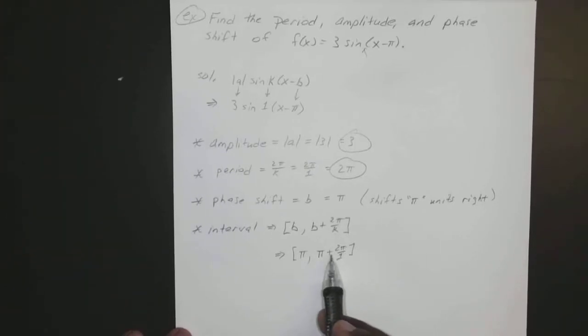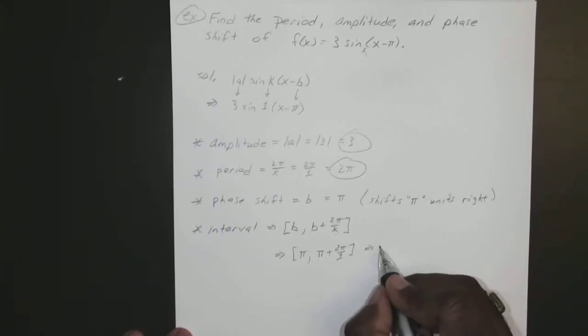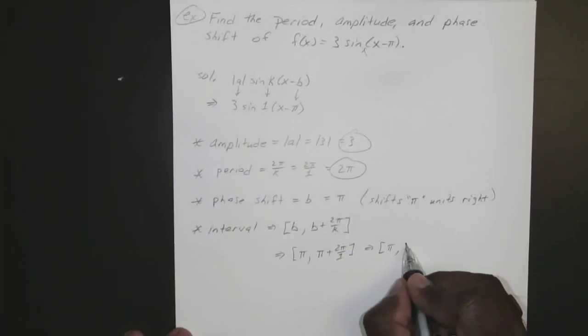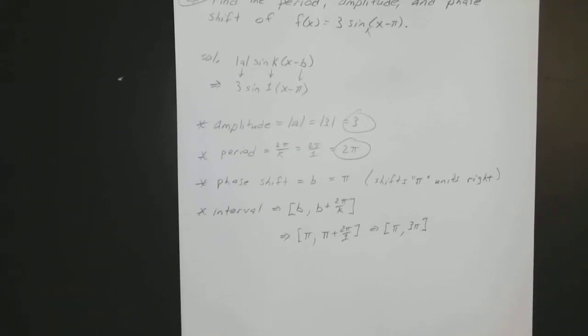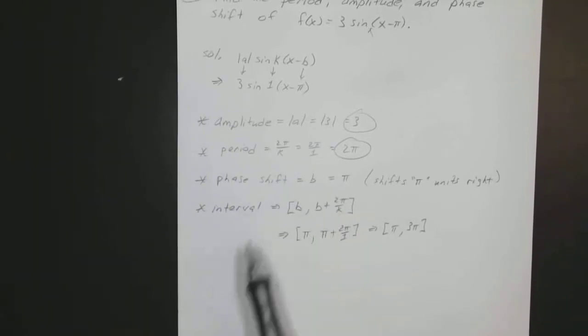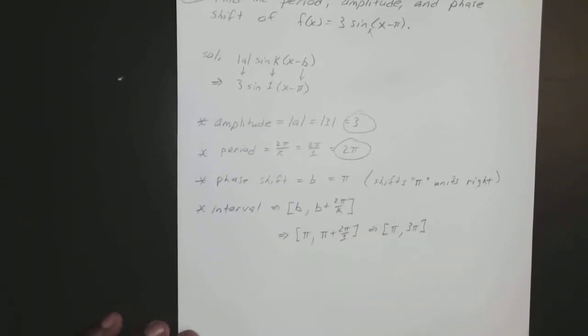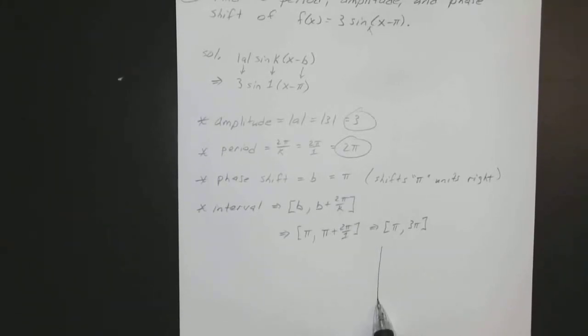So you have 2 pi plus pi. So your interval is actually between pi and 3 pi. So if you were graphing this, it would start at pi, then go through the regular sine wave pattern, and then would end right back up at 0 at 3 pi. So it would look somewhat like this.